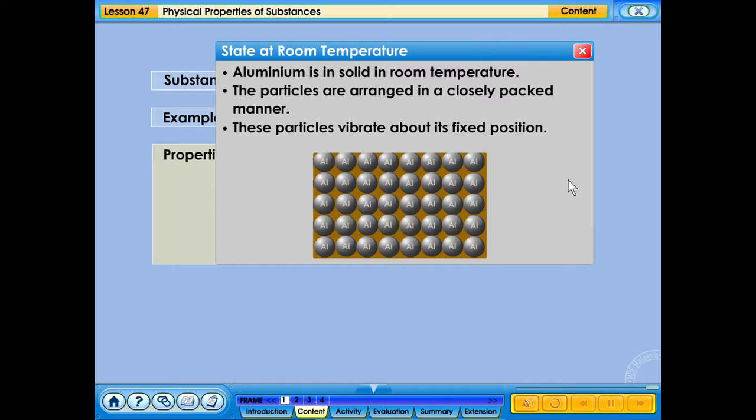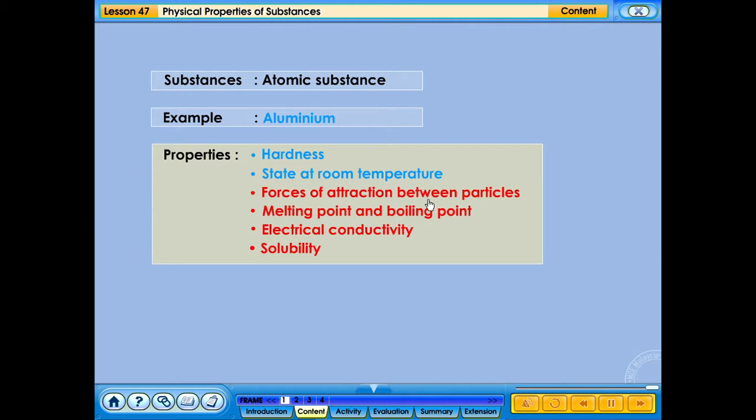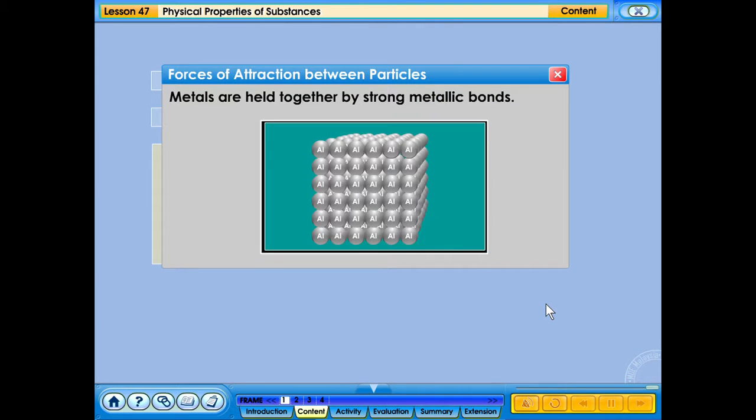The particles are arranged in a closely packed manner. These particles vibrate about their fixed positions. Metals are held together by strong metallic bonds.